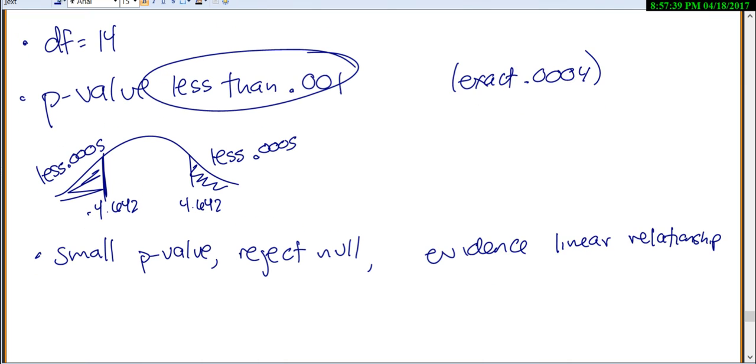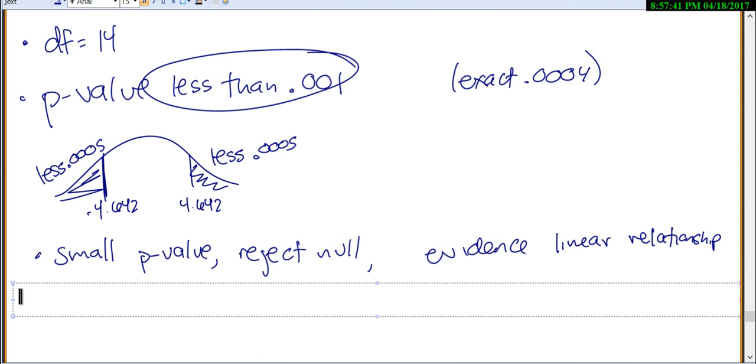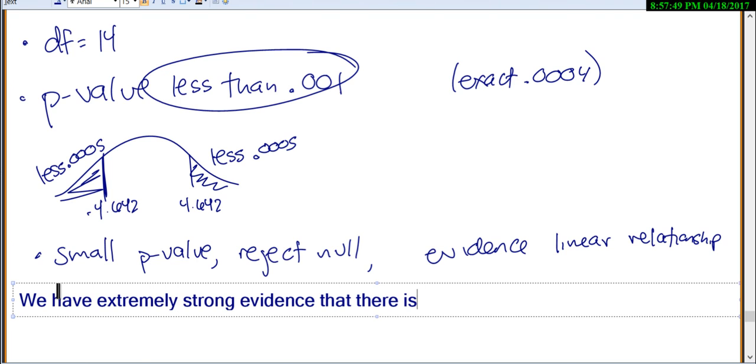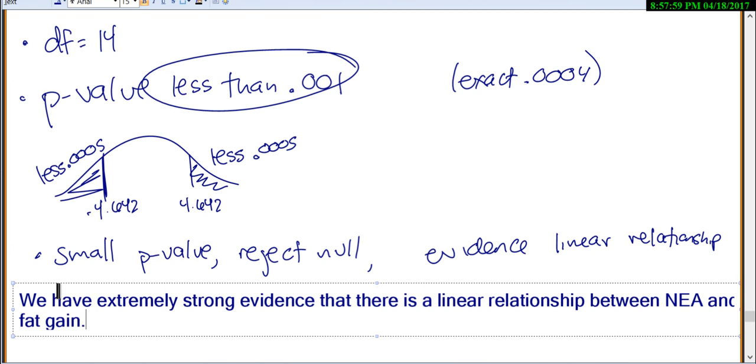And then we can go ahead and write our nice little interpretation. We have extremely strong evidence that there is a linear relationship between NEA and fat gain.